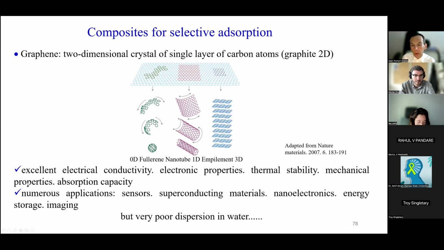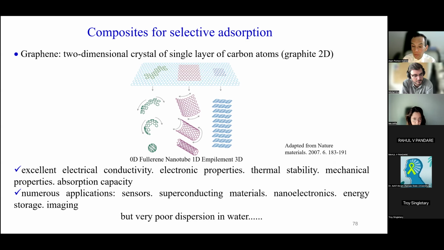And graphene shows some very interesting properties of electrical conductivity, electronic property, thermostability, and mechanical property. They are used in many applications, but for our kind of application they have a main drawback.